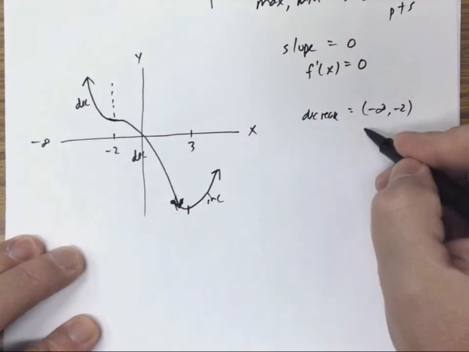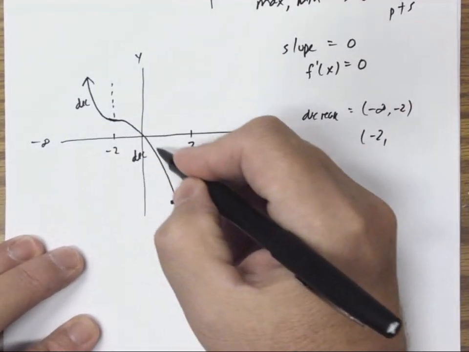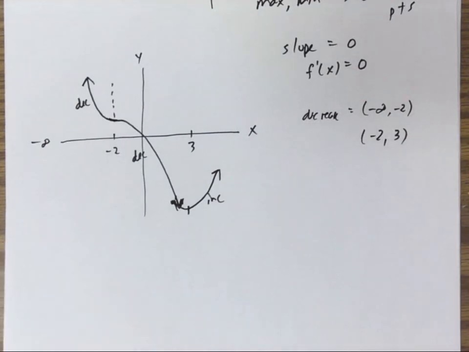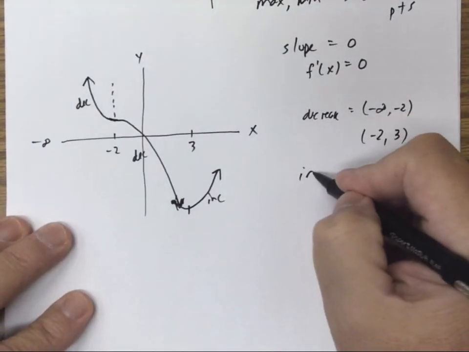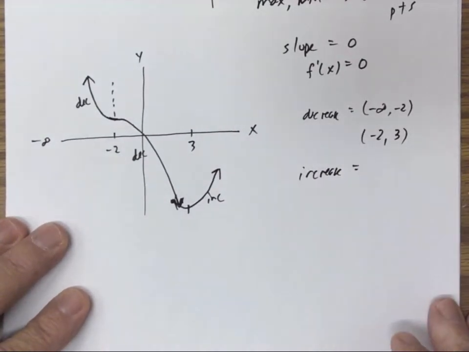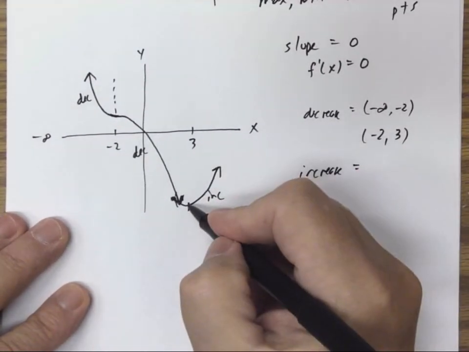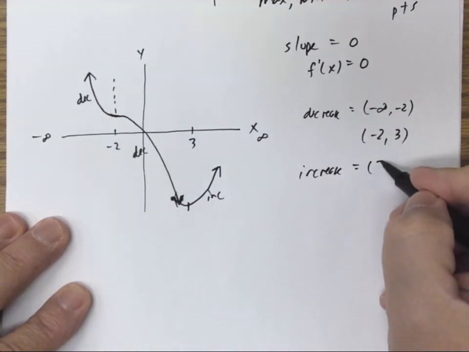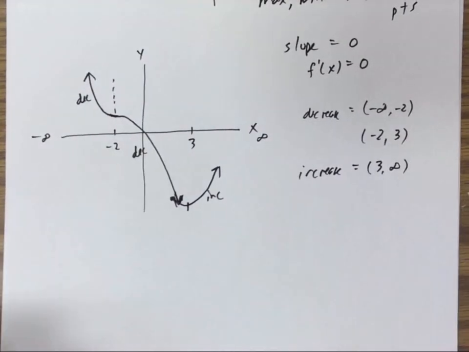But then it picks up again from -2 all the way to 3. And where is it increasing? There's only one place where this is increasing, this last little tail here, 3 to infinity.